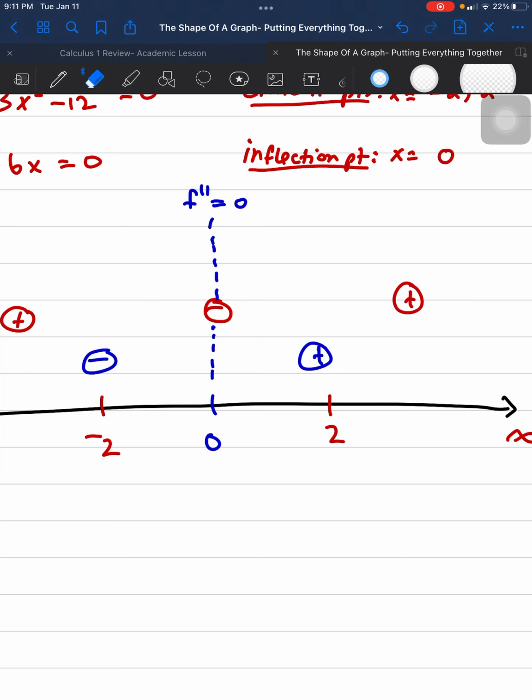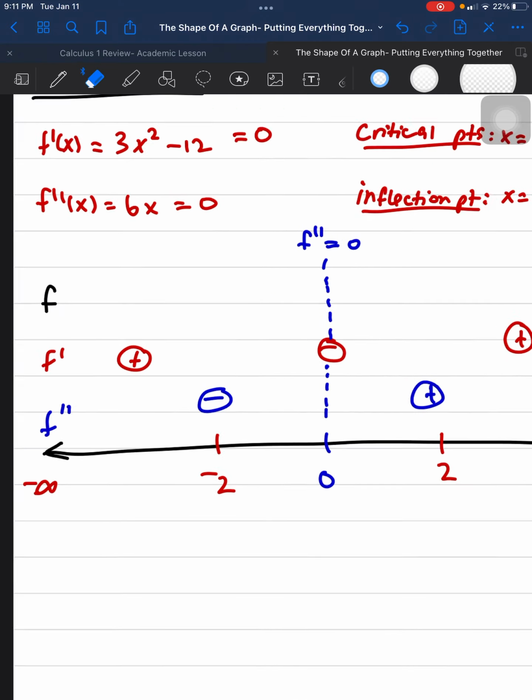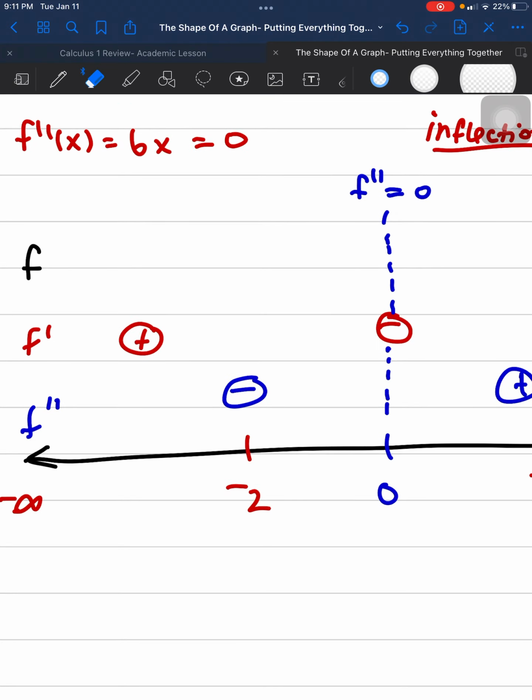So now that we have all the signs of the first derivative test and the second derivative test, we can start comparing. The first sign we see is over here. The first derivative is positive between negative infinity and negative 2, and the second derivative is negative between negative infinity and negative 2 as well.